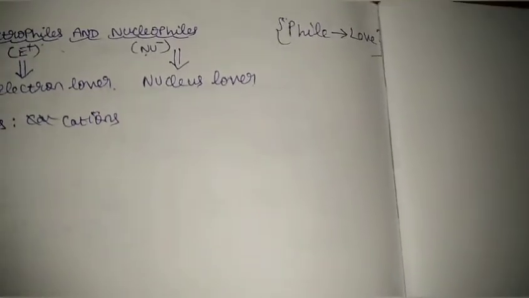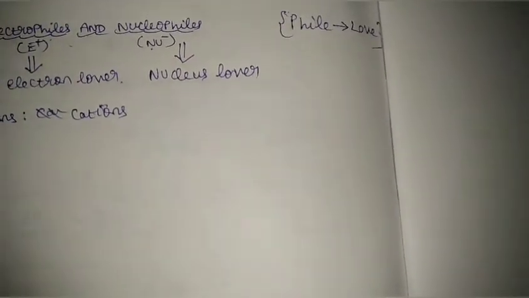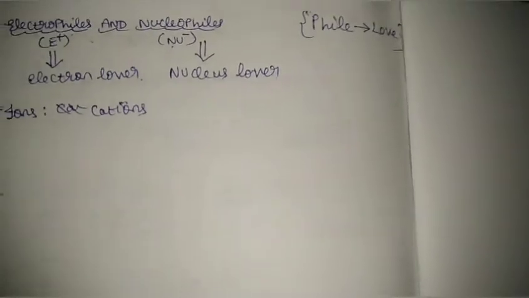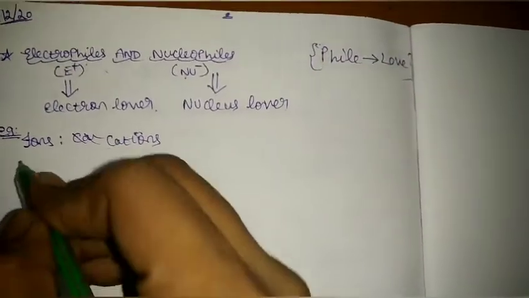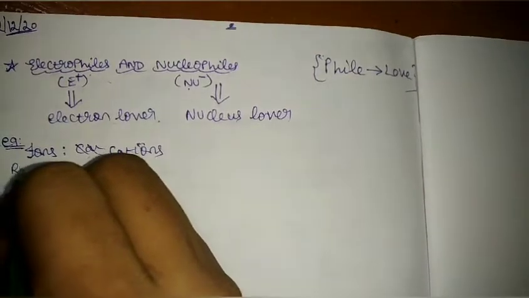You cannot take it out separately and show this is the intermediate. It will be formed in situ, okay. In situ means it forms inside the reaction itself, and you cannot separate it out of the reaction. Very rarely it is separable, okay. So these are known as reaction intermediates, okay.